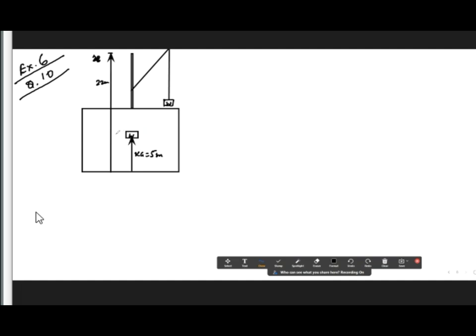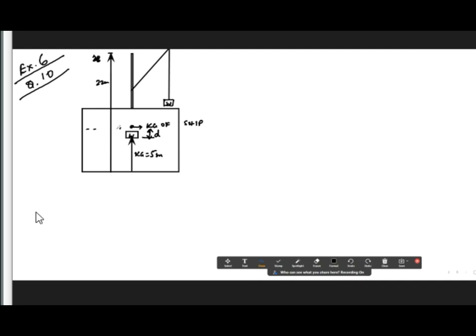Now to calculate D I need to use the KG of the ship. So I will mark it off here. With the KG of the ship, I can calculate two things: D for this one and D for the other one.